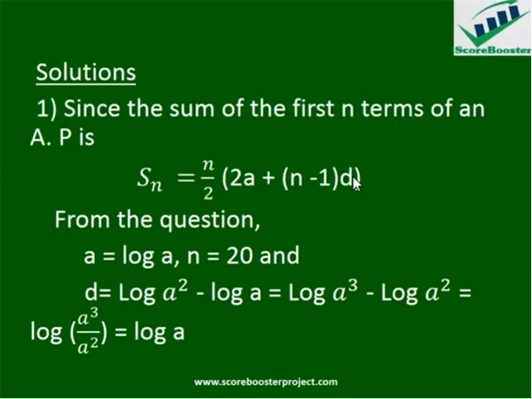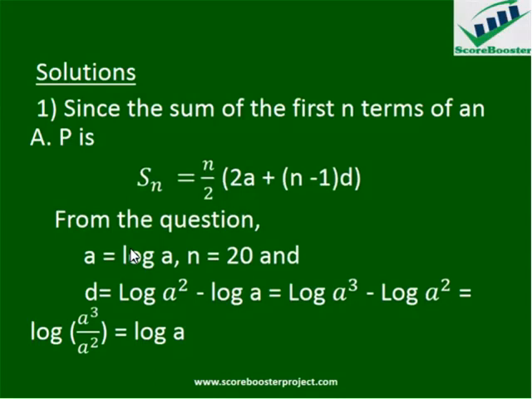This is the first formula for obtaining the sum of the first n terms of an arithmetic progression, and we are using it because we are given the first term, the number of terms, and the common difference. That is why we choose this formula out of the two formulas given.